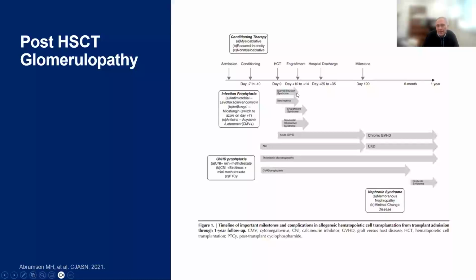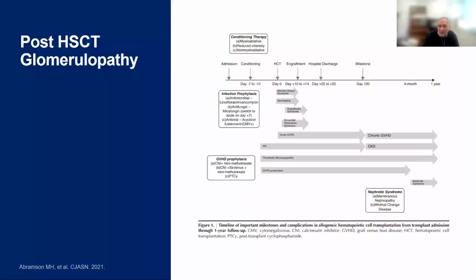And then the patient starts getting different things. They get infection prophylaxis, so antibiotics, antifungals. All of these can lead to issues initially around the time of the transplant, and the engraftment syndrome can lead to AKI, and the SOS also can lead to AKI.